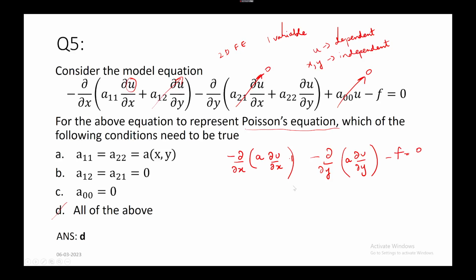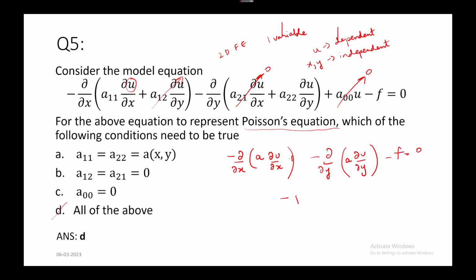So Poisson equation is nothing but, minus, so you can say, one minute, I'll just erase this. Yes. If I want to express it in terms of, okay, sorry, not laser, I'll take the pen.